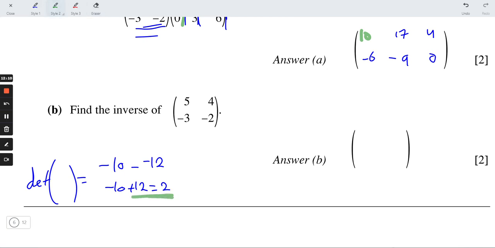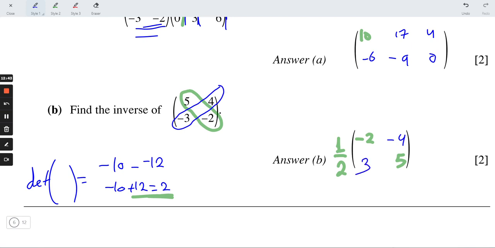Now to find the inverse, we should write the new matrix 1 over 2, 1 over the determinant, then swap these elements, minus 2 here, 5 here, and then change the sign of this diagonal. Change the sign. 4 will be minus 4, 3 will be 3.